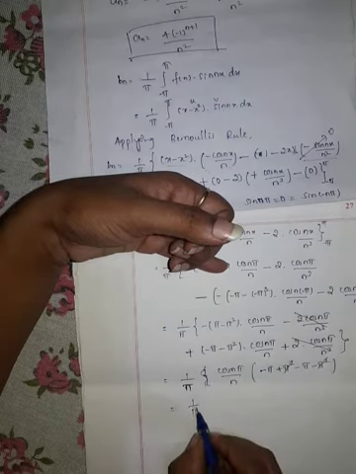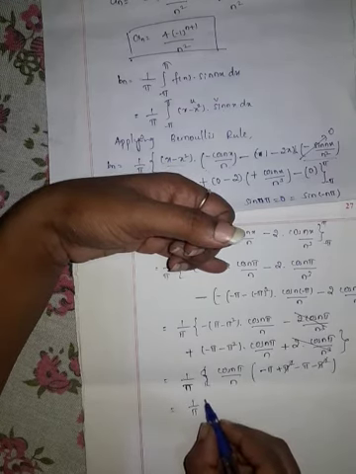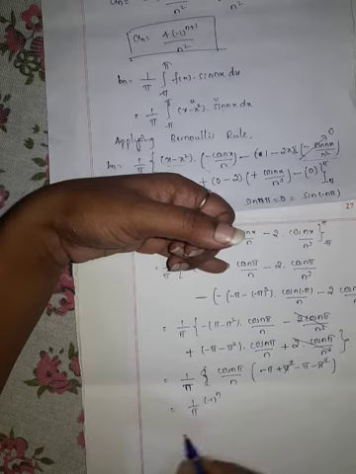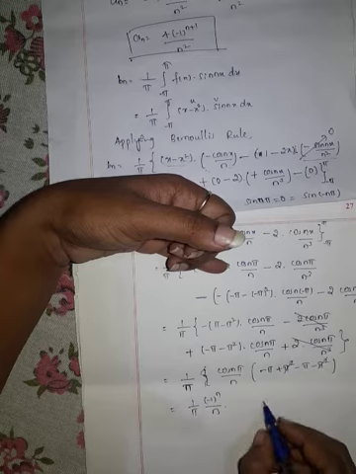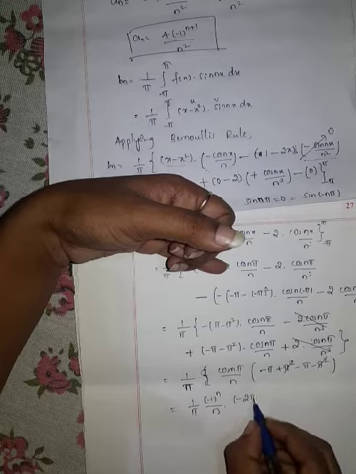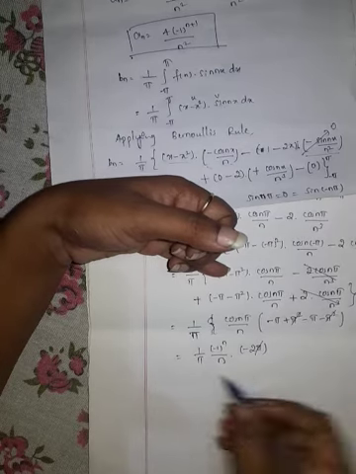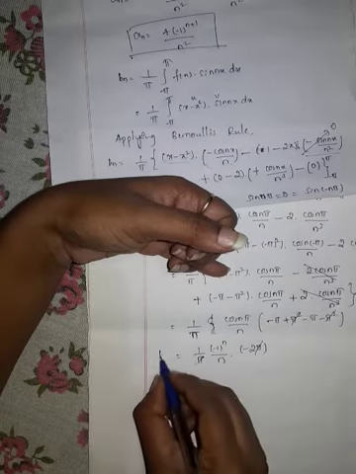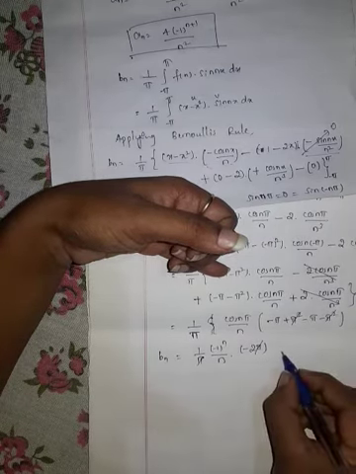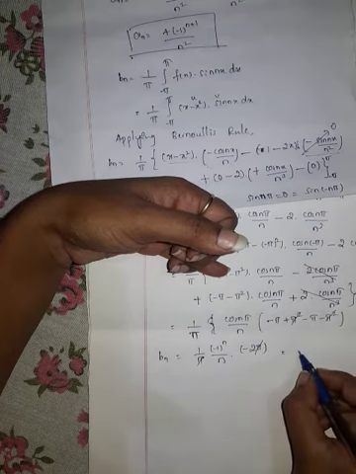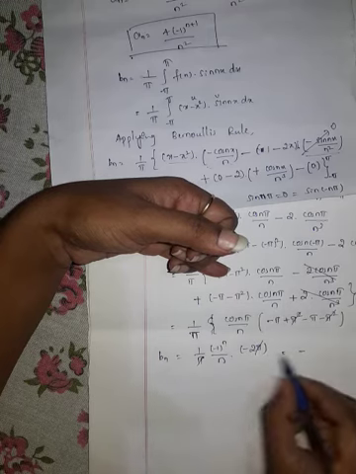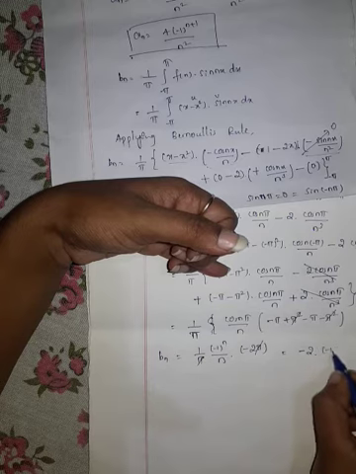1 by pi as it is. cos n pi is nothing but what? Minus 1 raised to n divided by n. This is minus pi, minus 2 pi. So simplify this one. Pi and pi will get cancelled. So bn is equal to, here we have minus 2 into minus 1 raised to n divided by n.